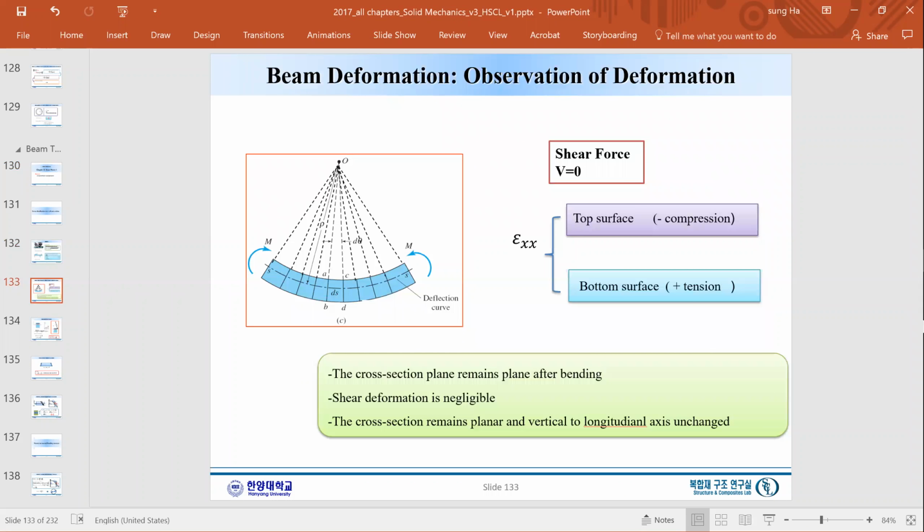And beam deformations: first we need to observe the beam deformations. Again, the flow is very similar to what we have done in the torsion theory. Remember, we observed the deformation first, and then we defined the strain in terms of displacement, and we used the stress-strain relations.